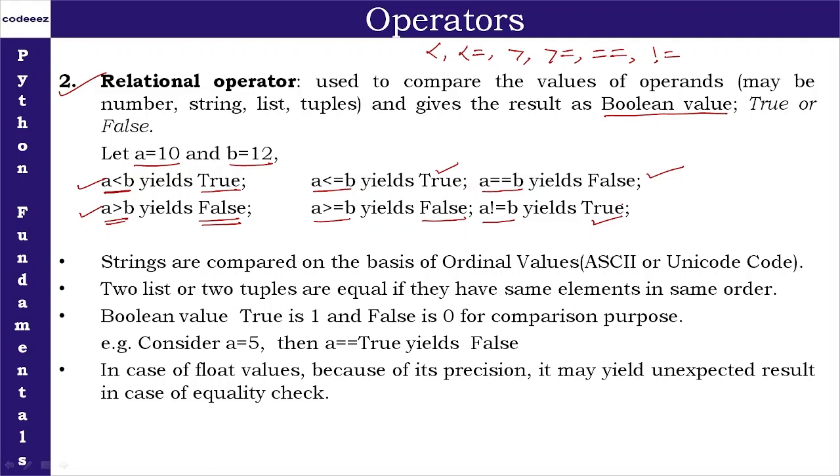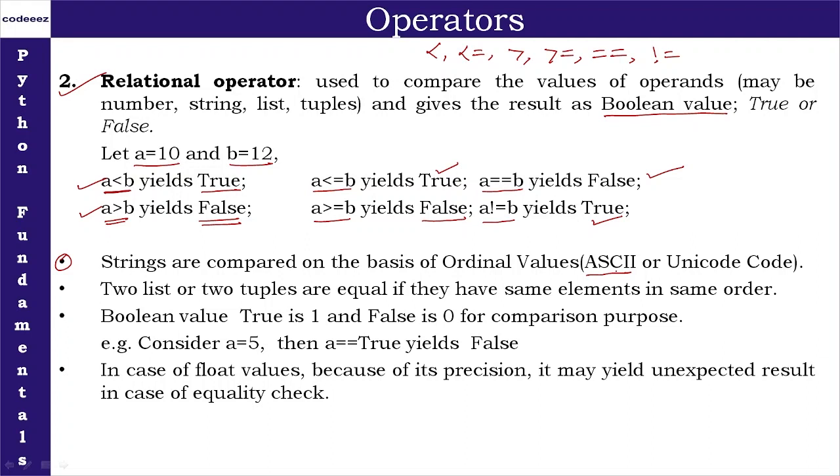Now here are a few considerable cases which must be kept in mind, right? The very first important case is strings. When the relational operators are applied on strings, the comparison is based on the ASCII code of those characters. We know very well that every character has an ASCII code, also known as Unicode or ordinal value.